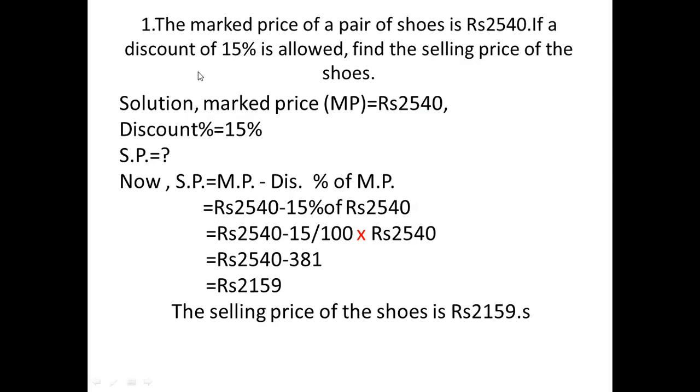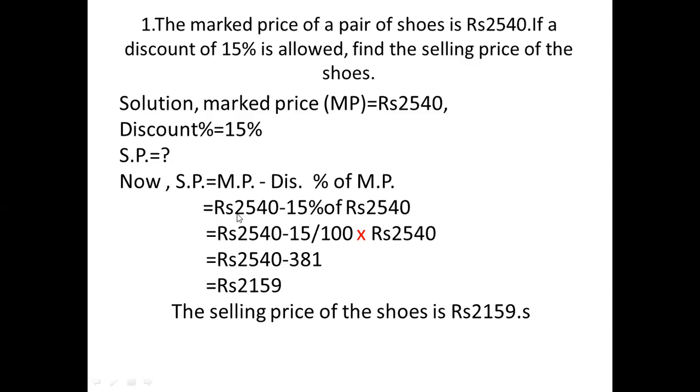If a discount of 15% is allowed, find the selling price of the shoes. Marked price is given 2,540. Discount percent is given 15%. Selling price is asked. And we know selling price equals marked price minus discount percent of MP.